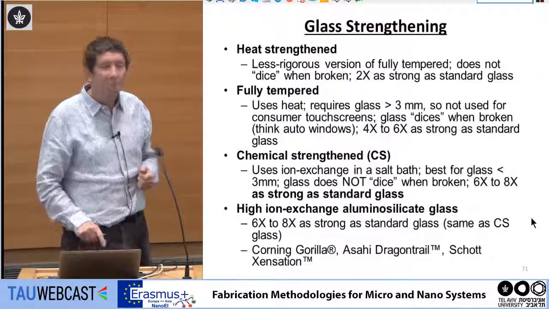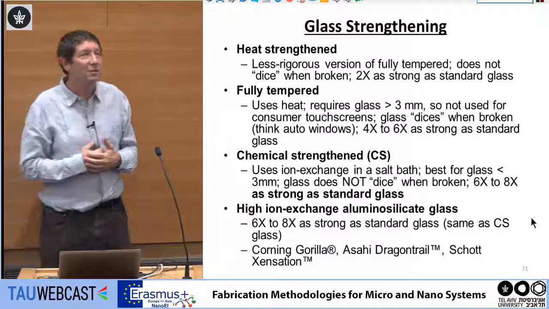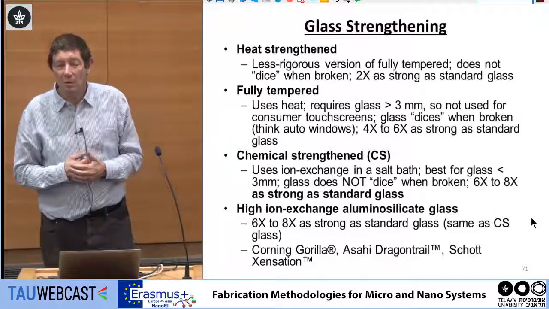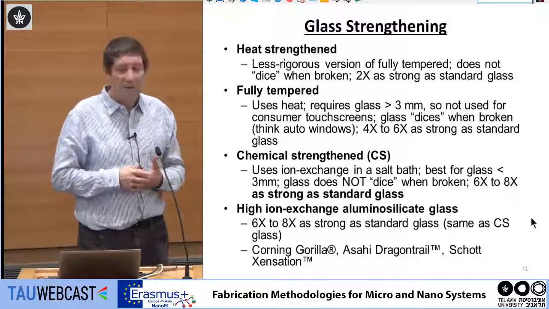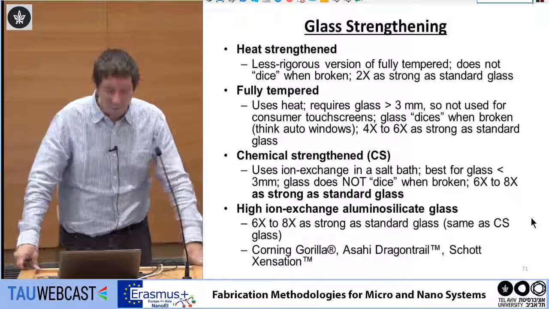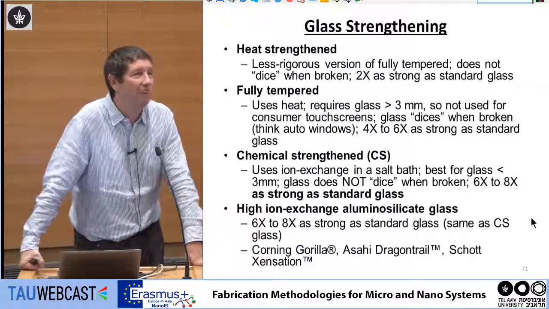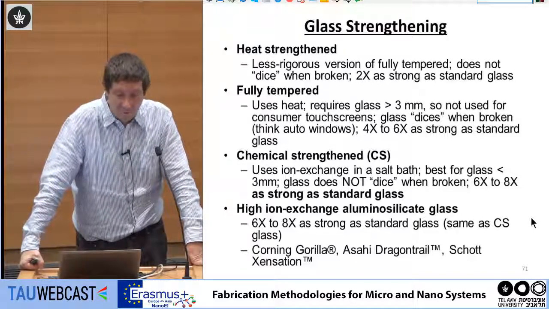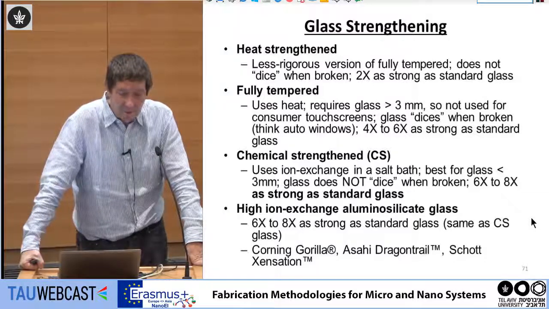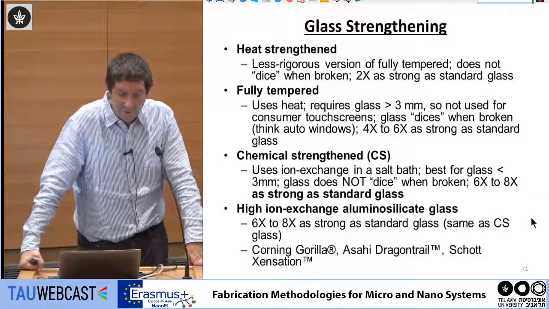So how do you make glass hard? I believe you have all heard the term Gorilla Glass. Typically, you have 4 processes today to make hard glass. One is heat strengthening. It's a less rigorous version of fully tempered glass and does not dice when broken.